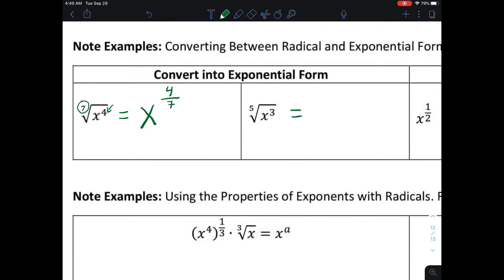Likewise, let's look at the next one, the 5th root of x to the 3rd power. I'm going to write that as x to an exponent. The power of the radical goes on the denominator, so the denominator of that exponent is 5. The power that is applied to the inside, the cube, will go on top. So the 5th root of x to the 3rd power is the same thing as x to the 3/5.